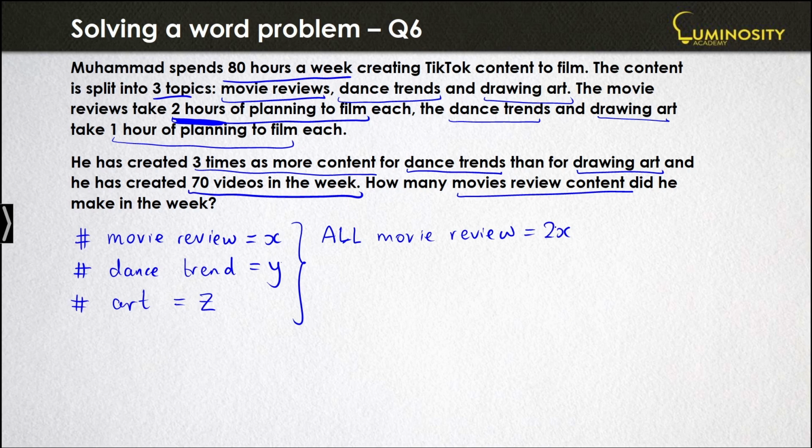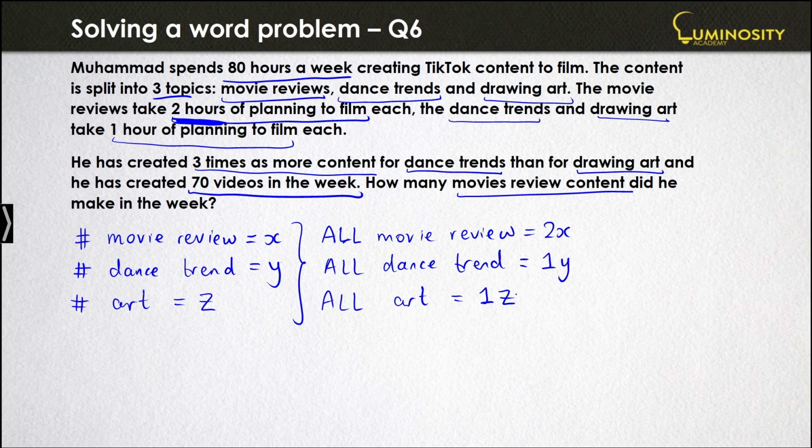That's the total time it takes. The total time for all the dance trend content will be how long? Well, it takes 1 hour per film, and there are Y films in total for dance trend, so it's 1 amount of Y, or just Y. And lastly, all the art videos each take 1 hour, and there are Z amounts of them, so 1Z, or just Z.